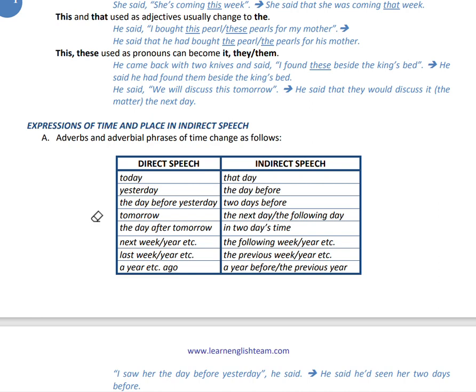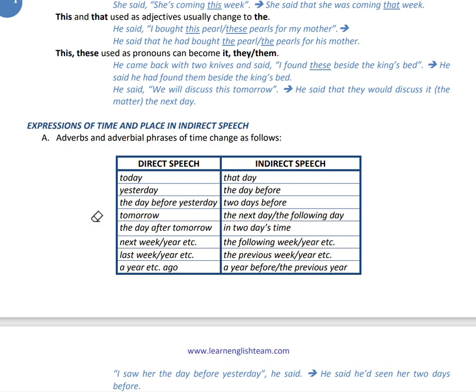And now, expressions of time and place in indirect speech. Adverbs and adverbial phrases of time change as follows. In direct speech, it is said as today, and in indirect speech it is that day.